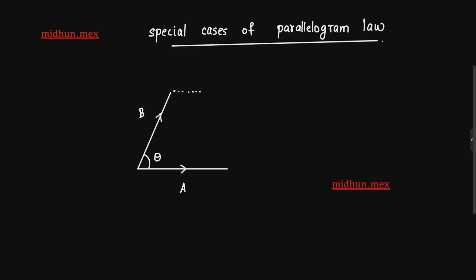So we will draw a line parallel to A, then a line parallel to B, then construct a diagonal. This diagonal we call the resultant R, vector R. So this resultant will give you vector A plus vector B.